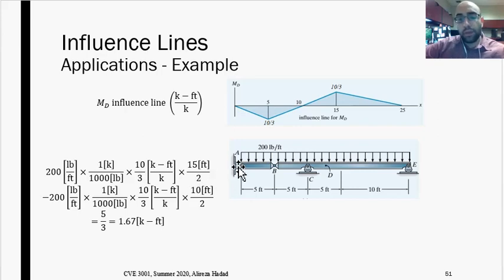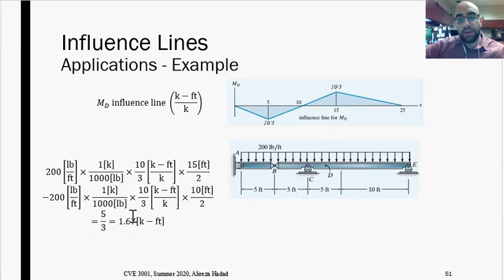So I have the dead load distributed like this, and now all I need to do is to see what is the moment at D. I have to multiply the intensity of the load by the areas that I have under the diagram. Over here I have a negative area, and over here I have a positive area. That's why in the positive region I have this term, and in the negative region I have this term. I'm just multiplying the intensity of the load by the area under the diagram.